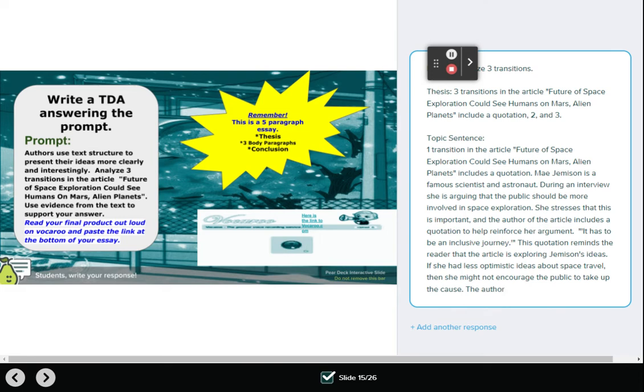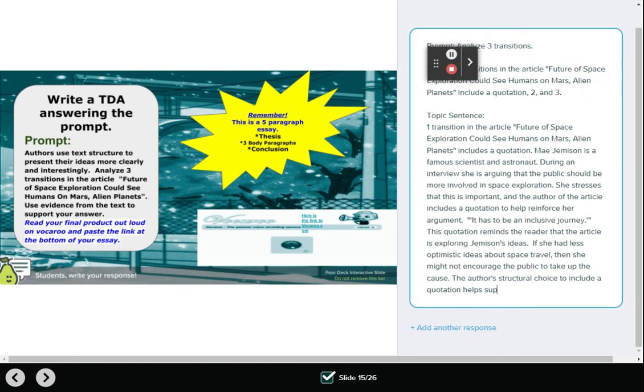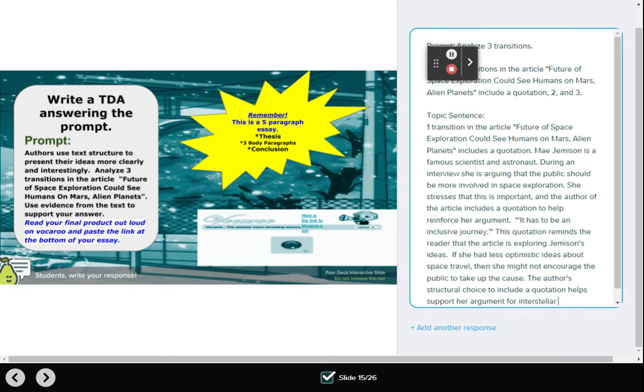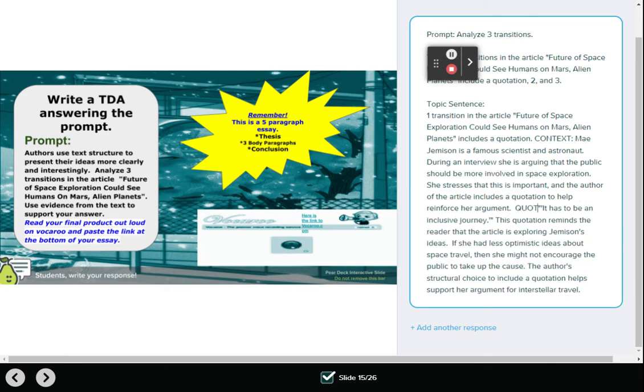The author's structural choice to include a quotation helps to support her argument for interstellar travel. All right. That means we've got our topic sentence, we've got some context, we've got our quotation, our evidence, and our explanation.